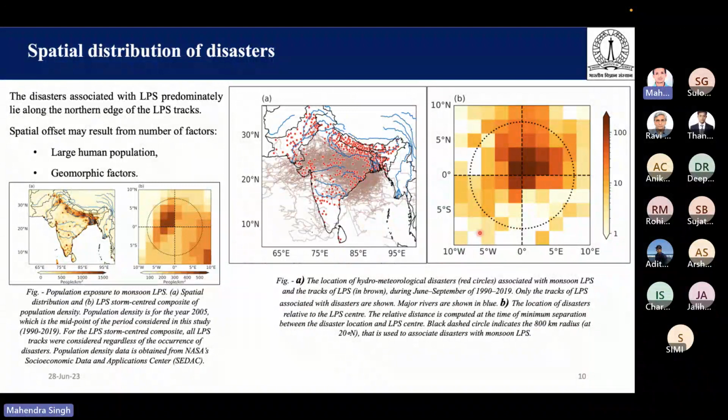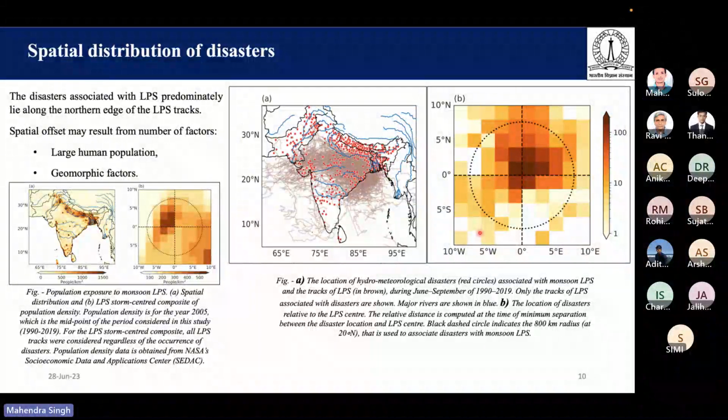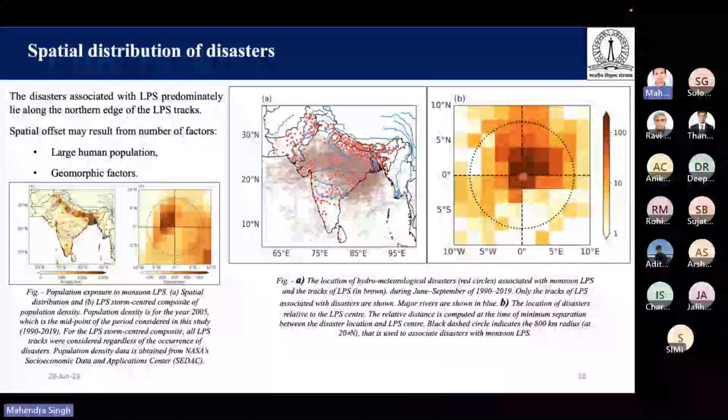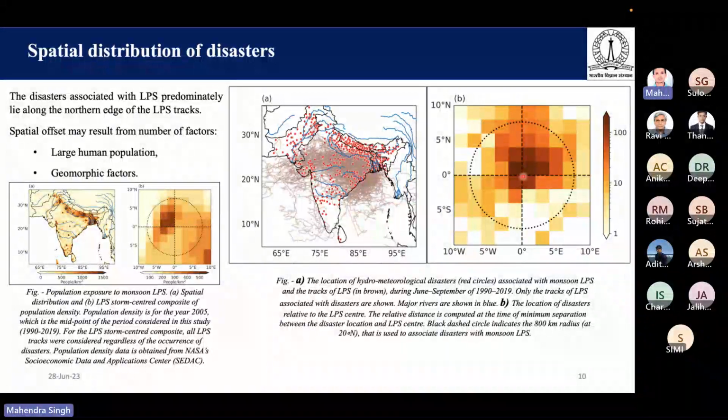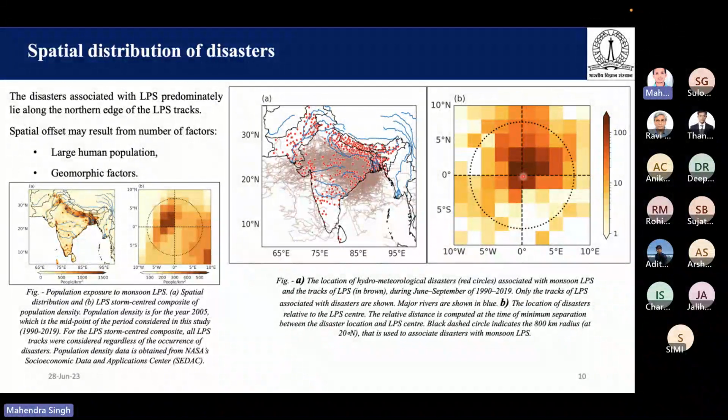The second figure shows the location of disasters relative to the LPS center. Here we can see that for an LPS, if the center is at 0 degrees north or 0 degrees south, relative to that point, most of the disaster locations are mainly north of that system, mostly north of the LPS system.